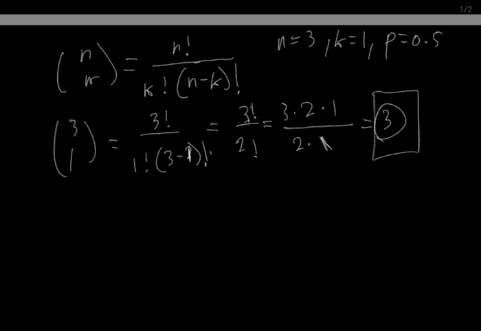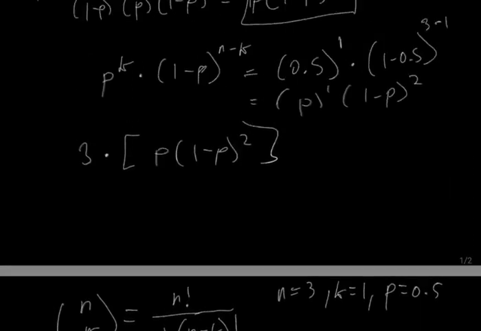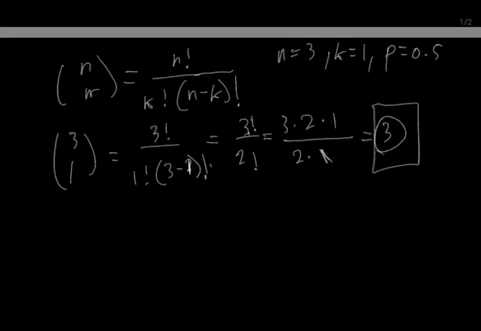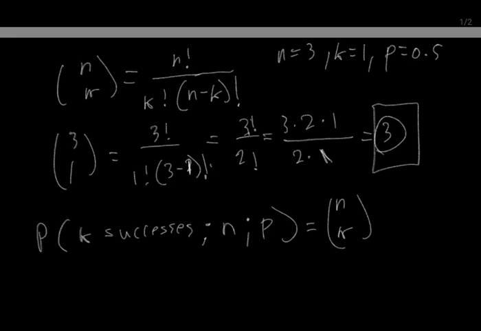And so if we were to write out the whole entire equation of the binomial distribution, we have the probability of getting k successes, knowing having n trials, each with a probability p, is equal to n choose k times p raised to k times 1 minus p raised to n minus k.